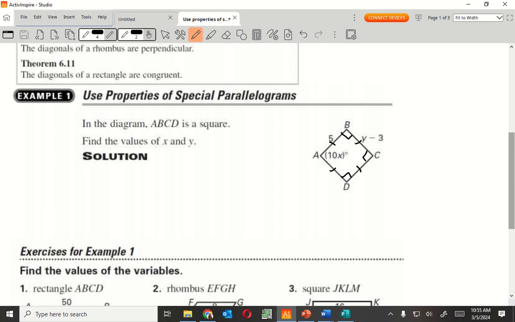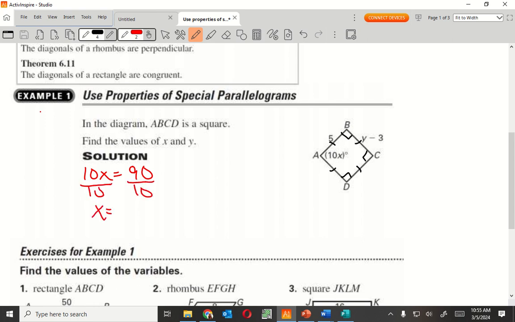So angle A says it's 10x. And I know that angle right there has to add up to what? 90. It's a right angle, right? They're all right angles. So for my solution, I would say that 10x equals 90. And to solve for x, all I have to do is divide both sides by, very good, 10.